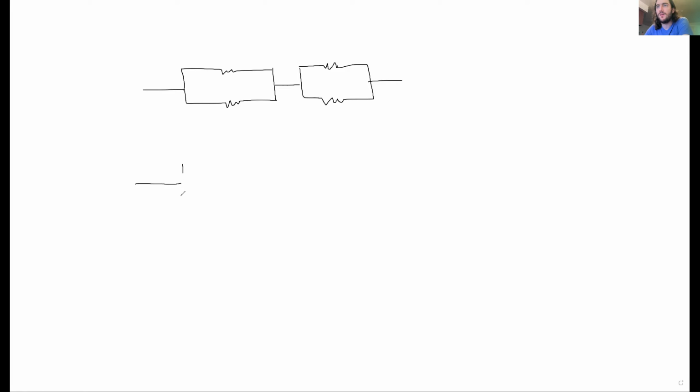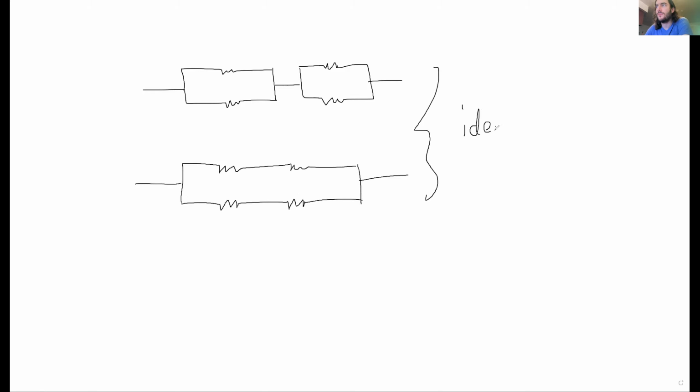This happens to be identical with 2 resistors in series in parallel with 2 resistors in series. So these 2 are identical, but we count this as 2 combinations.